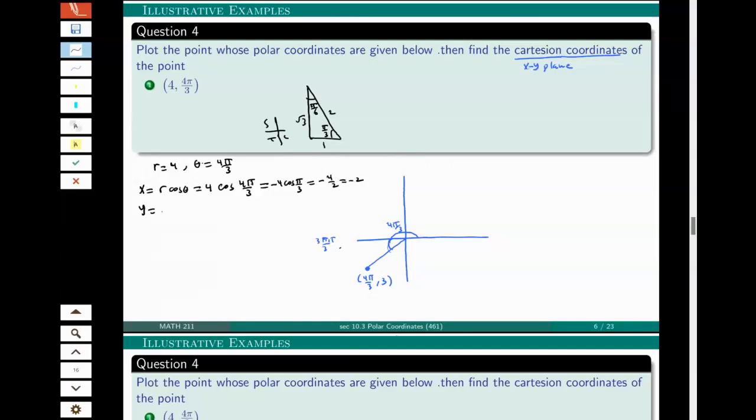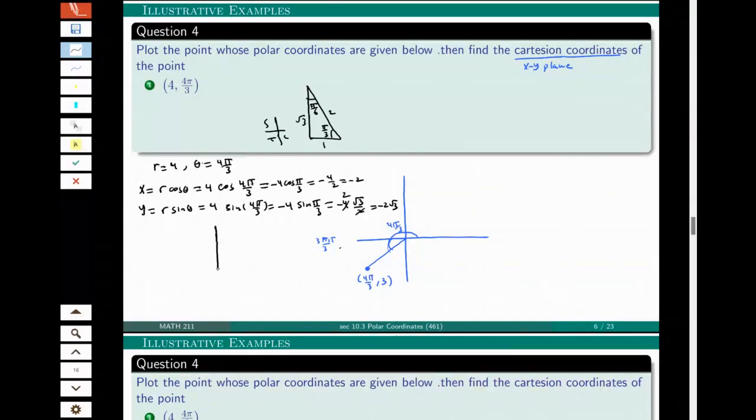And y is equal to r sine theta, so it will be 4 sine 4 pi over 3, and that will mean negative 4 sine pi over 3, because we are in quadrant number 3, so it will be minus 4 square root of 3 over 2, so that will be minus 2 root 3.